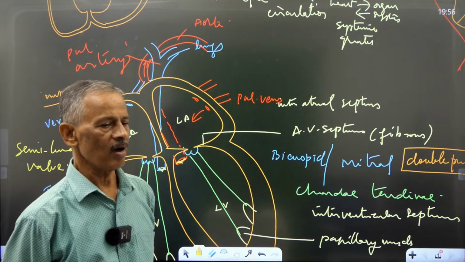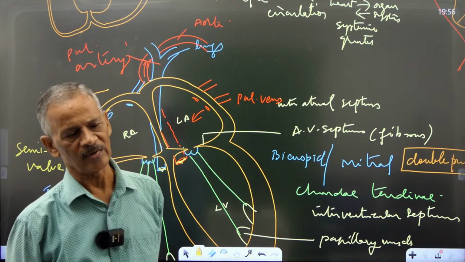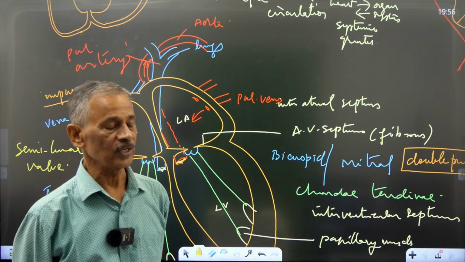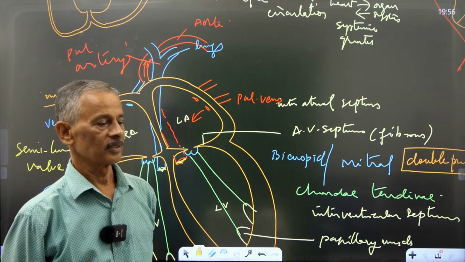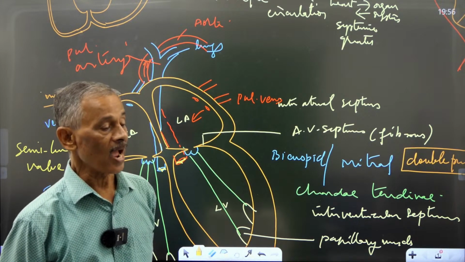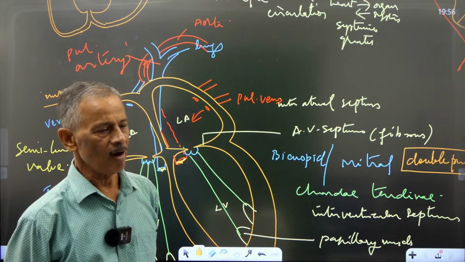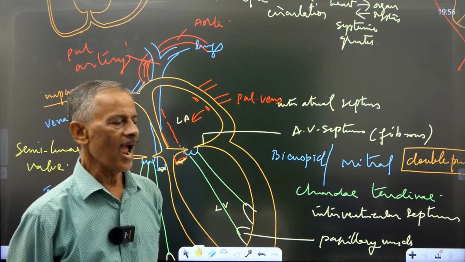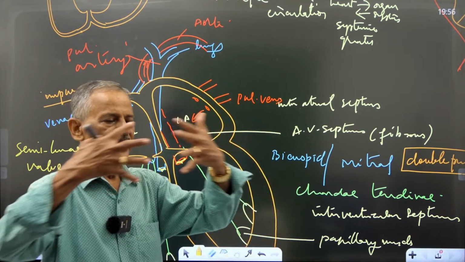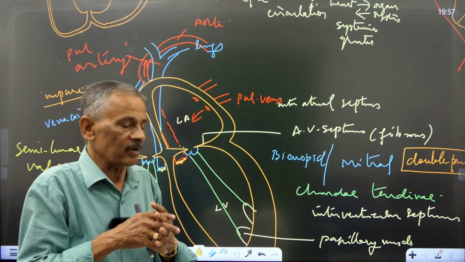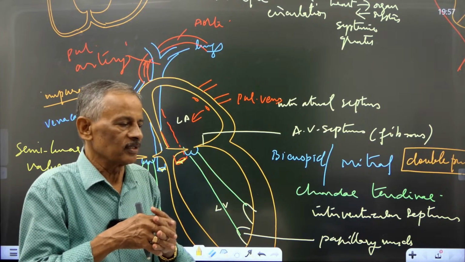Cardiac muscles have alternate dark and white bands. It is in that respect similar to the striated muscle, but they are all branched. These muscle fibers are branched and the branches are interconnected, so it is in the form of a network.